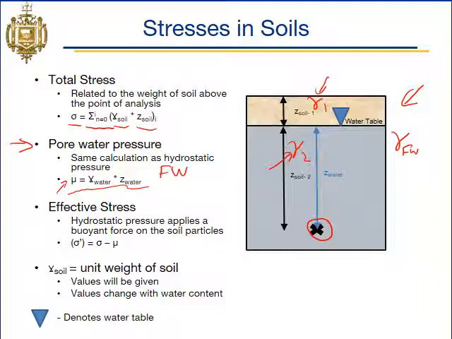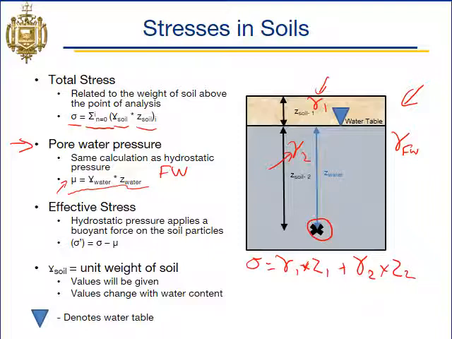So in this particular example, if we wanted the total stress of the soil, it would be equal to gamma 1 times Z1 plus gamma 2 times Z2. That's times there, right?